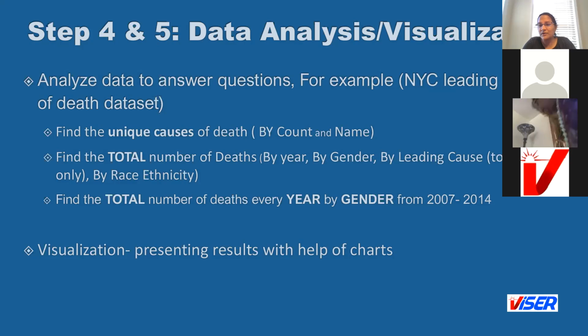So I wanted what were the different causes of deaths, and you will see how we found it. Now, how many total number of people died every year by gender, by leading causes, and by race. And then again, the total number of deaths every year.